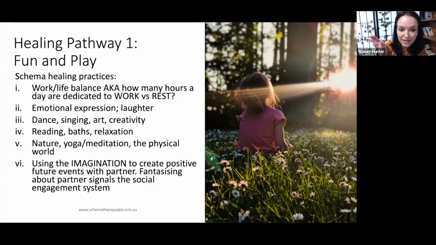Fantasizing about a partner, and just being able to create an image or a movie in our mind of the next time we're with our partner and what we could be doing together, and it's positive, relaxing. That's sending a signal to the social engagement system, because our mind can't differentiate between what's real and what's imagined, or a part of our mind.